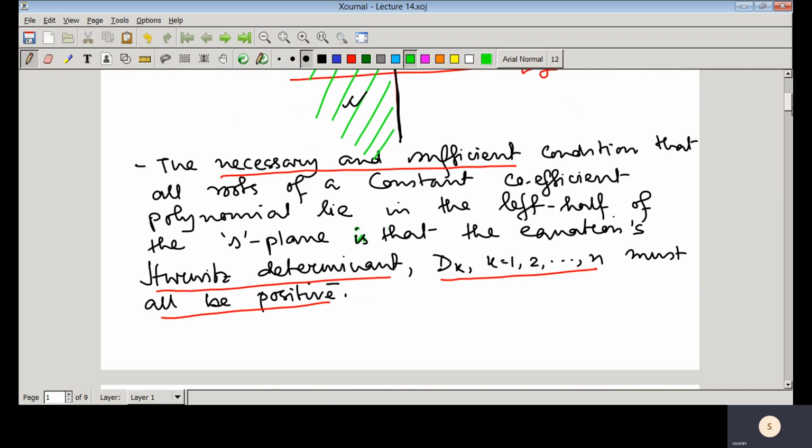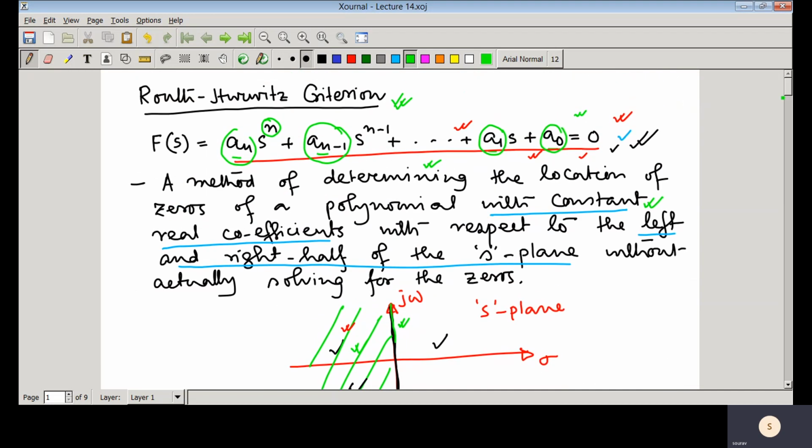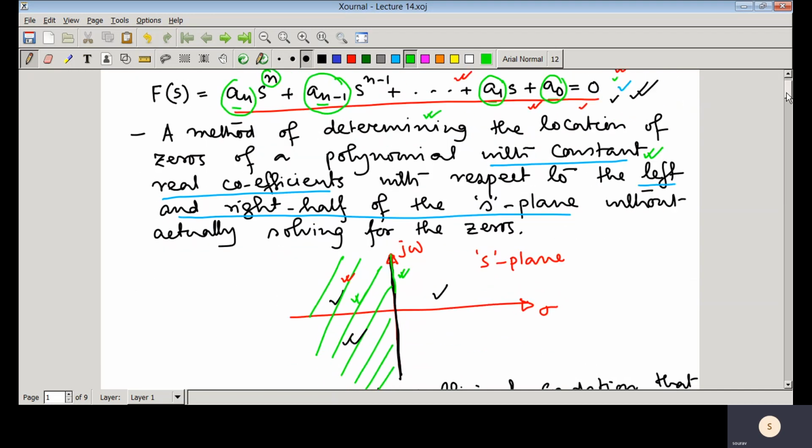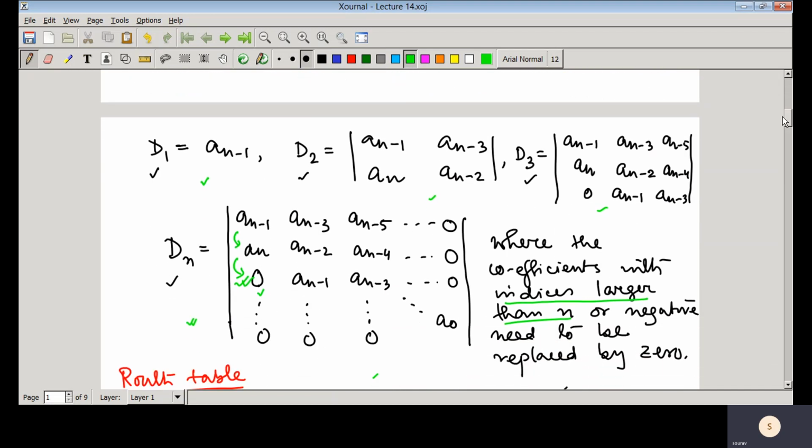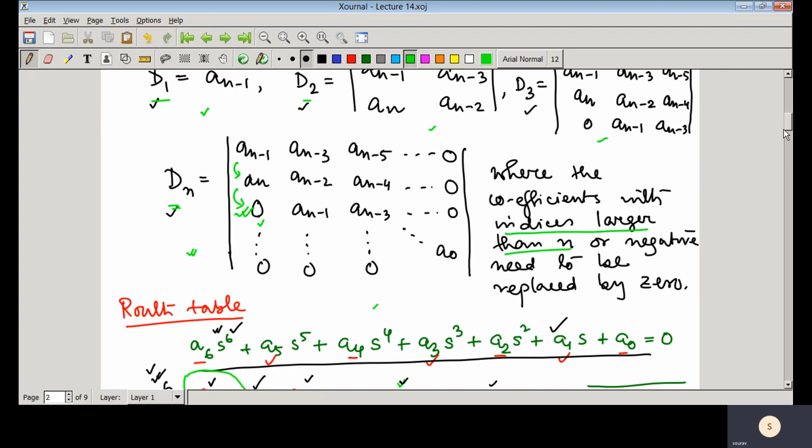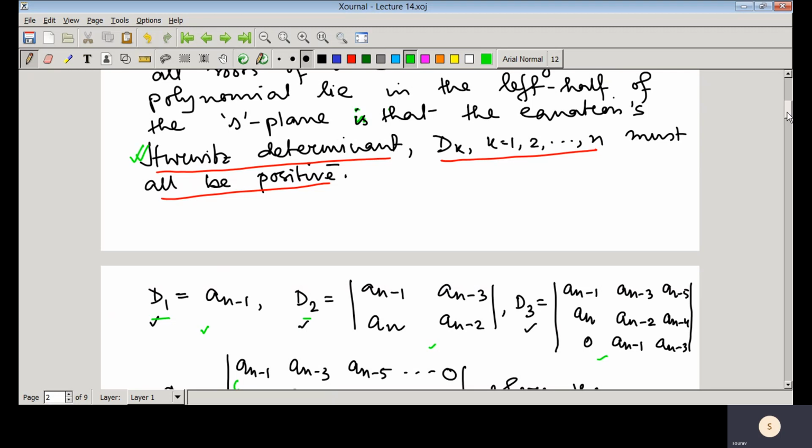The criteria was first proposed by Hurwitz, and it says that from this polynomial, if we find some determinants, called Hurwitz determinants, D1, D2 and so on, then all the determinants should be positive.